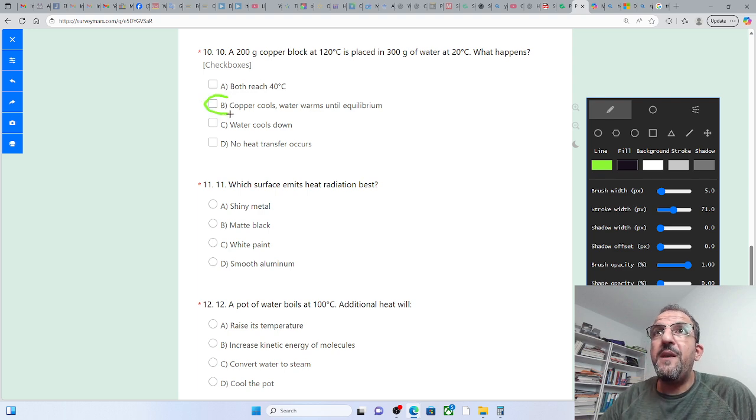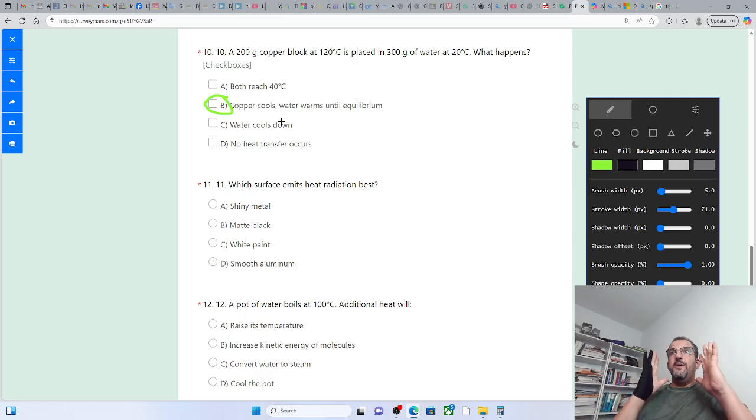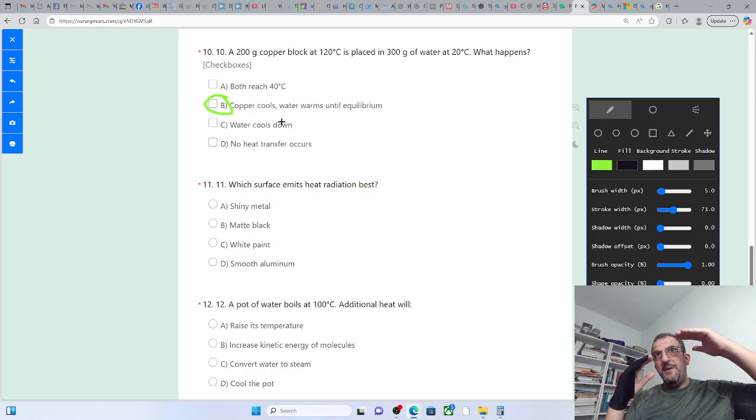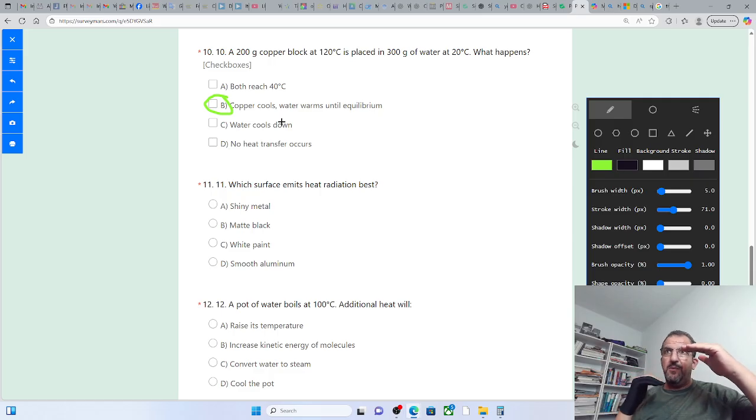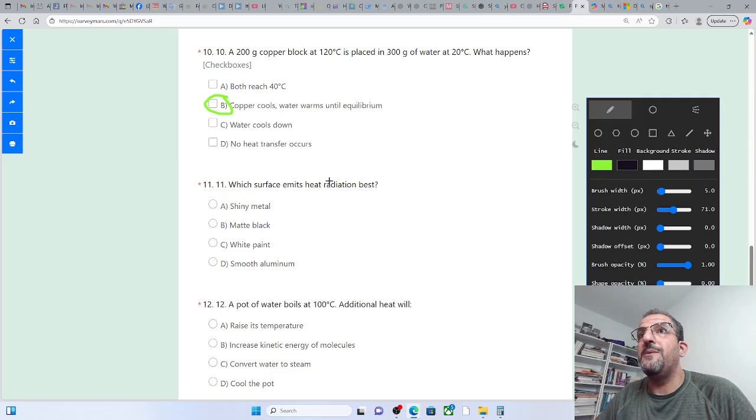For me, I think B is the right answer. The copper is too hot and the water is cool, at room temperature. When we have them together as one system, the copper temperature will go down and the water temperature will go up until they achieve the equilibrium temperature. So B is the right answer.